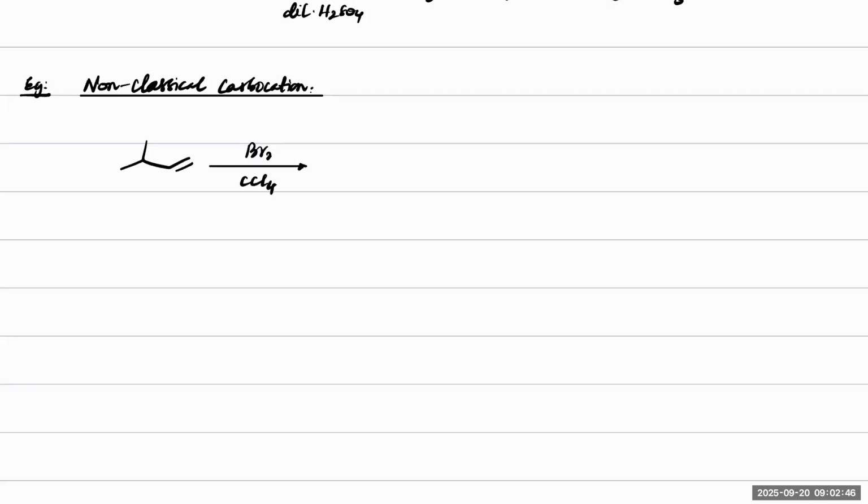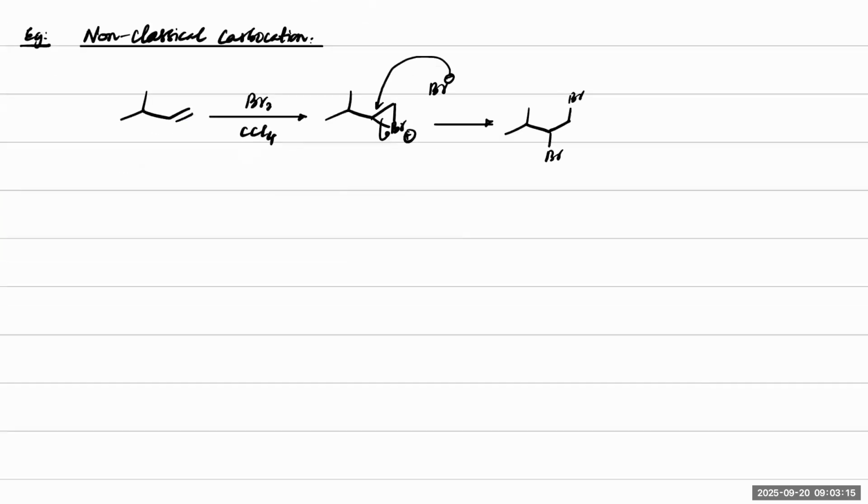In that case, first you will get bromine forming here like this with a plus charge, and the next mole of bromine attacks on the more substituted side. One Br will come here and the other Br will be here. Finished. This is about non-classical carbocations. Any doubt here, beta?